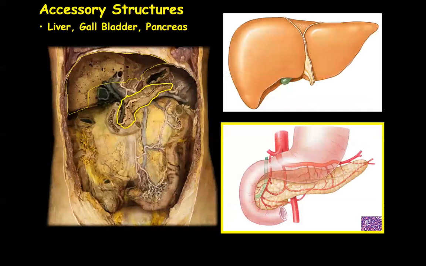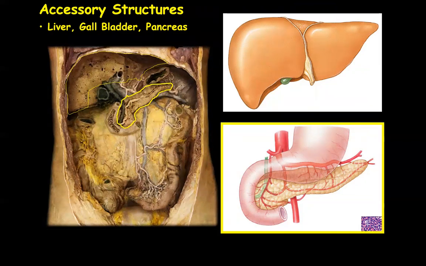So next we'll be looking at organs that are present in the abdominal cavity and their structures. The first one would be indicated by this yellow space right here. It's been removed, but this is where it would be sitting, and it's shown here on the right. So that's the liver. It's the largest abdominal organ in the body.